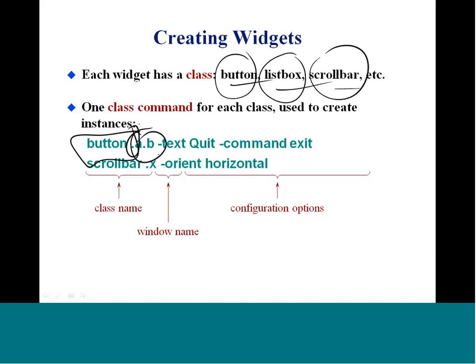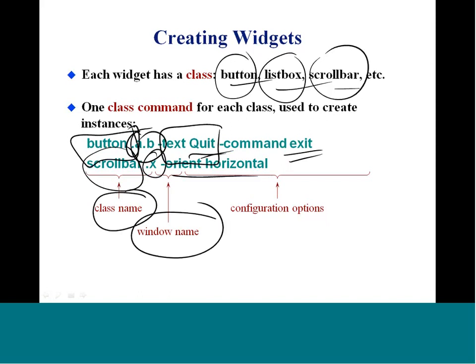Here we say button .a.b, the text for that button is quit, and the command is exit. Here is another widget, which is a scroll bar, whose name is .x, and the orient is horizontal. So now you have three things that you use to define: the class name, then the window name itself, and then the configuration options.